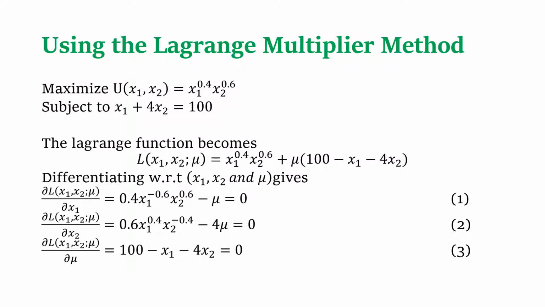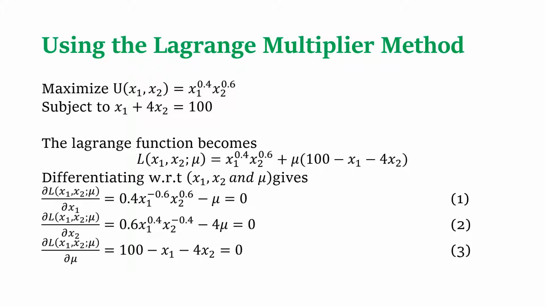Now, if we use the Lagrangian here, we maximize the utility subject to the budget constraint x1 plus 4x2 equals 100. Now remember, we are going to use the Lagrangian function here. The Lagrangian equation has the Lagrange multiplier. The Lagrange multiplier is the marginal utility of income.